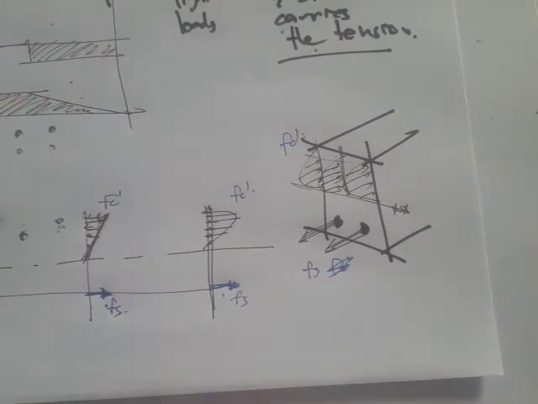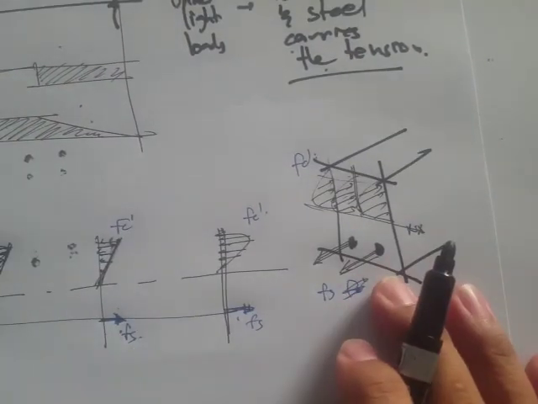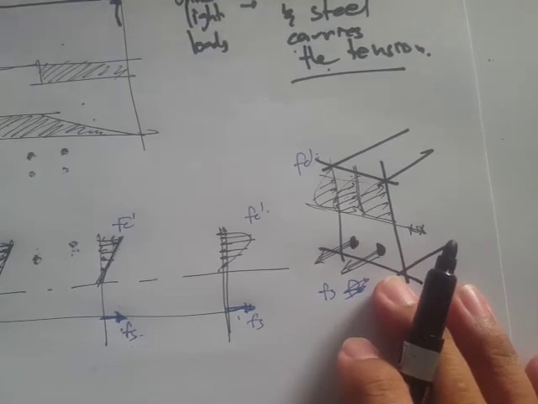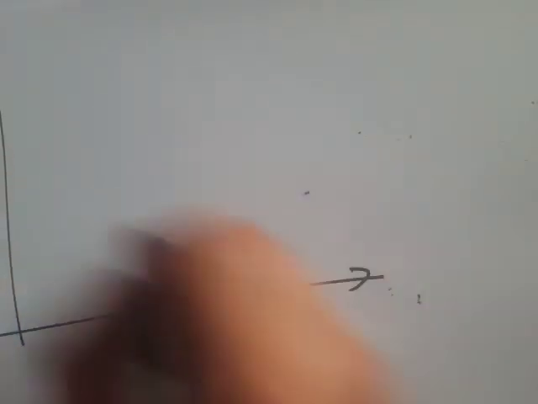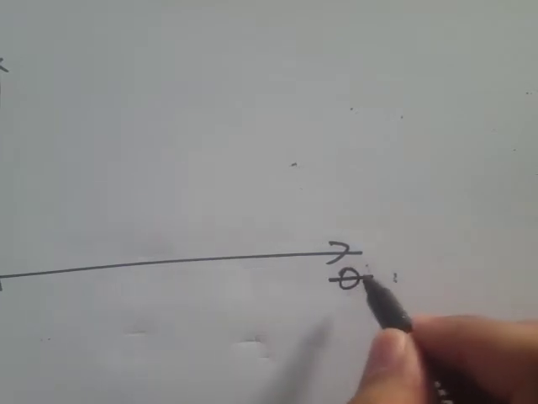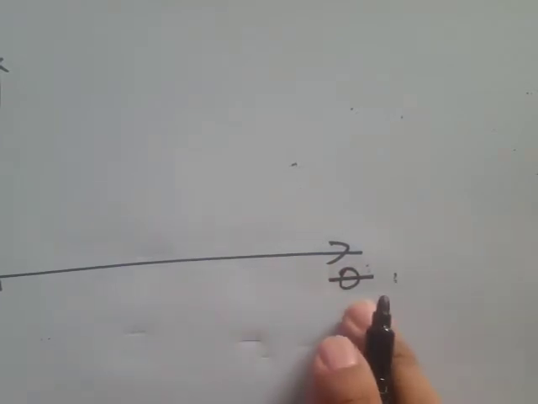Okay, so we can also look at this beam behavior when we look at the moment curvature diagram. For this moment curvature, we have the moment along the y-axis and the curvature, let's say the rotation, along the x-axis.